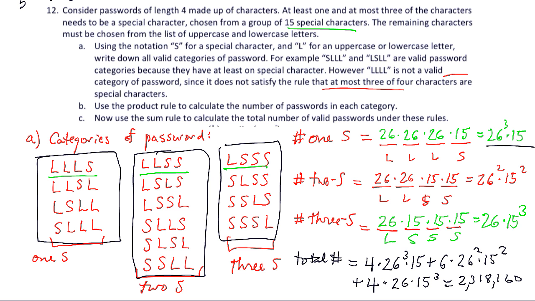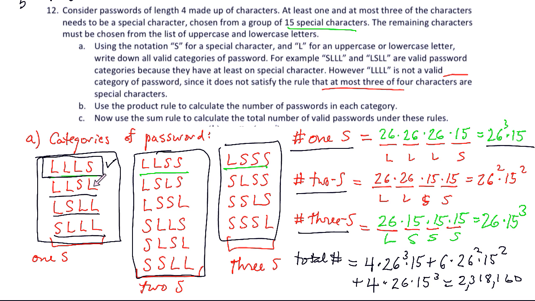Notice that in each of these calculations, for 1s, 2s, and 3s, I've only calculated the total number for a particular one of the patterns. This 26 cubed times 15 only gets me those with the LLLS pattern. But that's the same number as the LLSL pattern, the LSLL pattern, and the SLLL pattern, because we can just rearrange 3 26s and 115.